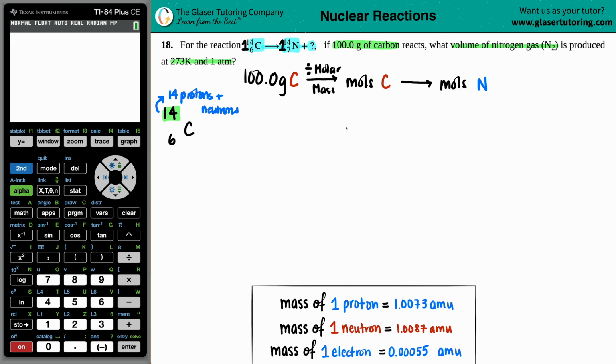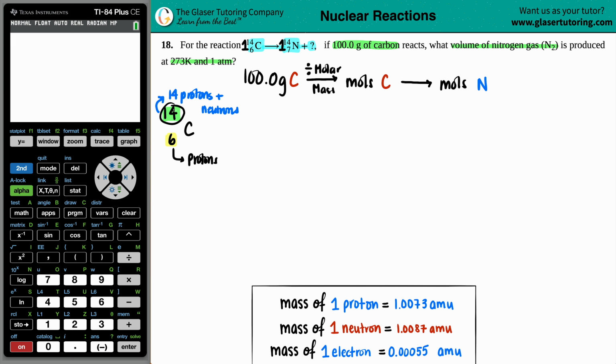So the first thing I'm going to do is find the exact mass. That's the molar mass we're going to use. But if you want to use 14, that's fine. Let's just see how different your answer is compared to mine, and if it really matters that we get the exact number. Now the bottom number here, 6, is representative of the atomic number.